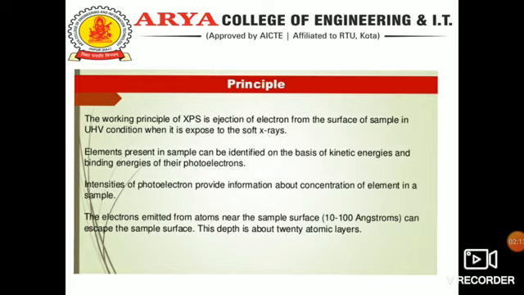Elements present in sample can be identified on the basis of two types of energy, such as kinetic energy and binding energies of their photoelectrons. Intensities of photoelectrons provide information about concentration of element in a sample.